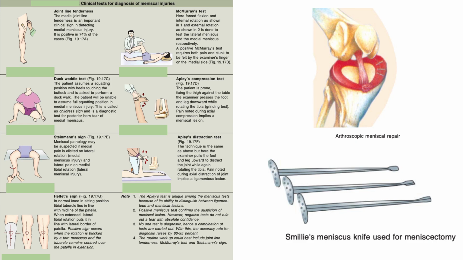Repair is indicated if the tear is more than 10 mm or if it is unstable on probing. Repair is successful in the outer third, the red zone, and the edge of the vascular rim, the red-white zone, and even in the few vascular zone, the white zone. That is being shown here.